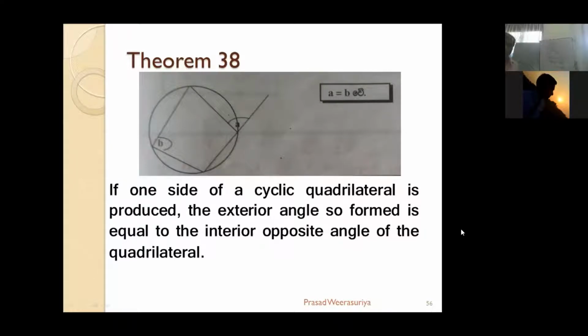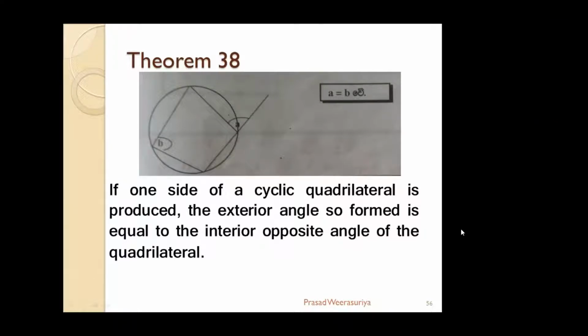Again, I will read it for you. If one side of a cyclic quadrilateral is produced, one side is produced like this, the exterior angle so formed is equal to the interior opposite angle of the cyclic quadrilateral.